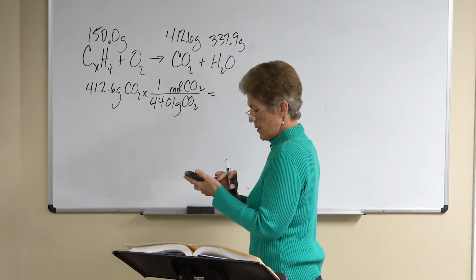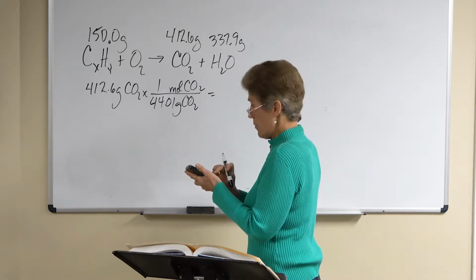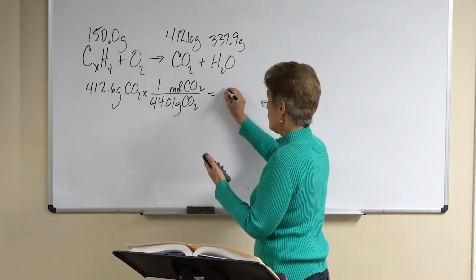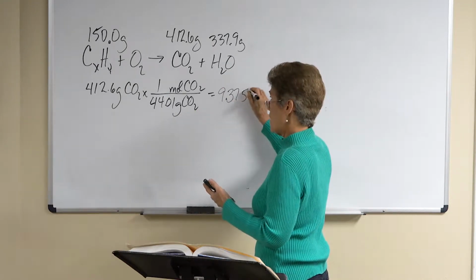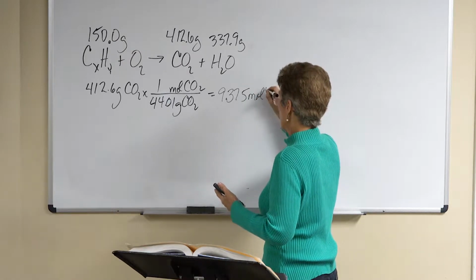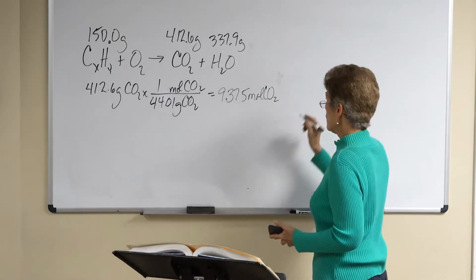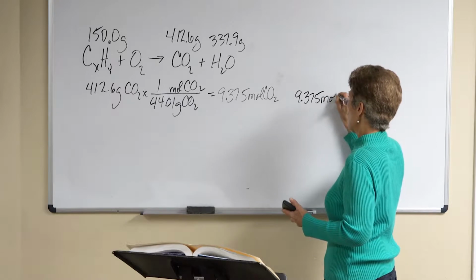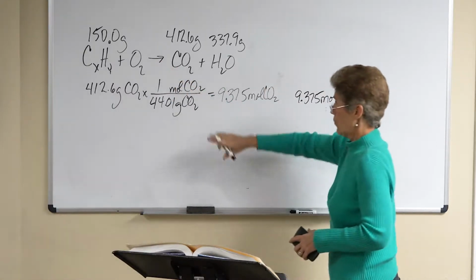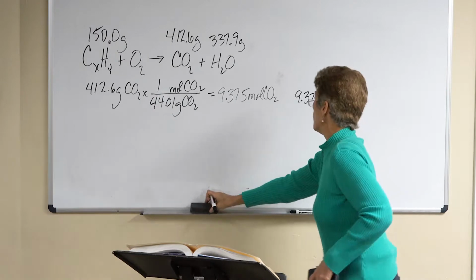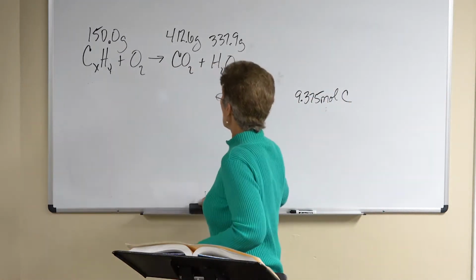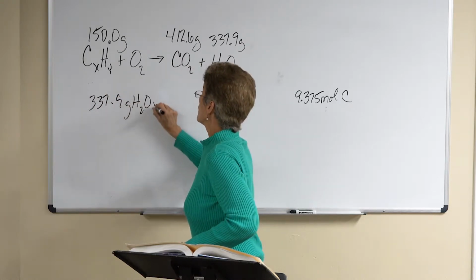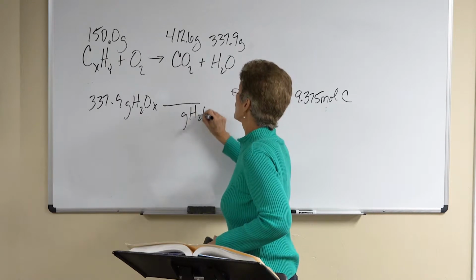And so that is 412.6 divided by 44.01 equals, 4 significant figures, 9.375 moles of CO2, which also means that in this you had 9.375 moles of carbon in this. We know that from this. Okay, so I'm going to ditch this, and now I'm going to take the 337.9 grams of water and convert that into moles of water.